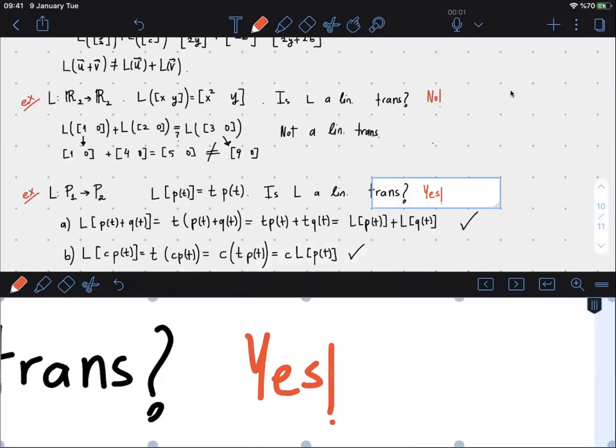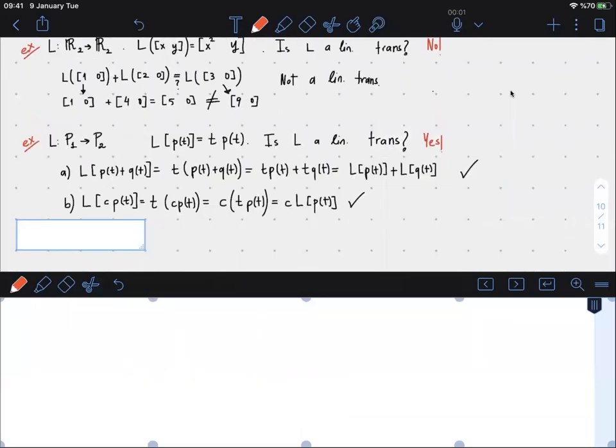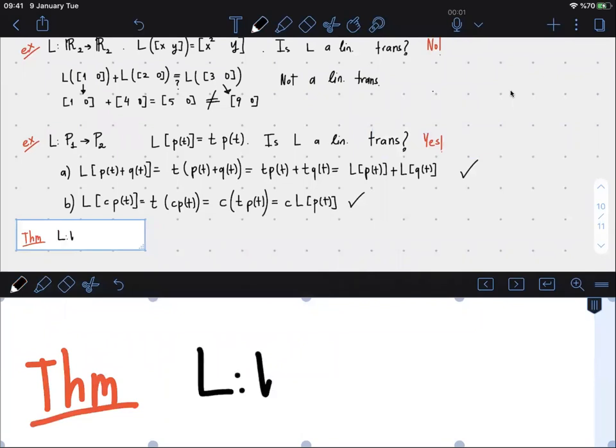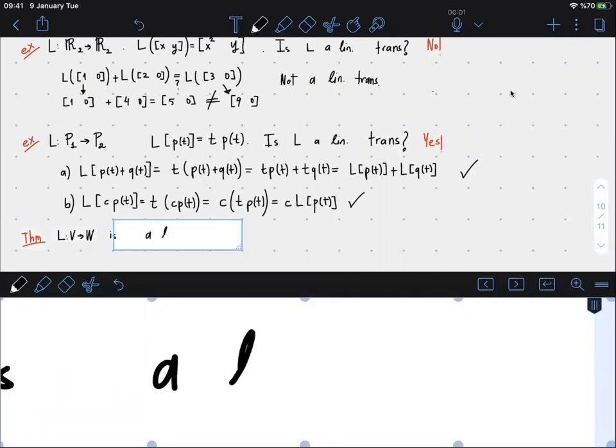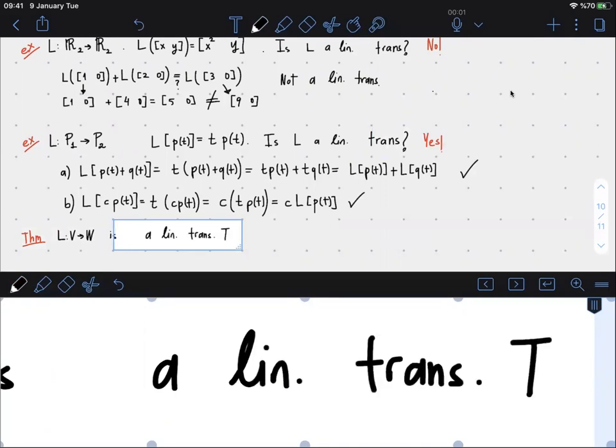Any questions here? No? Okay, we have a few minutes. So let me write an important property of linear transformations. If we have a linear transformation between two vector spaces, then we have these two properties.